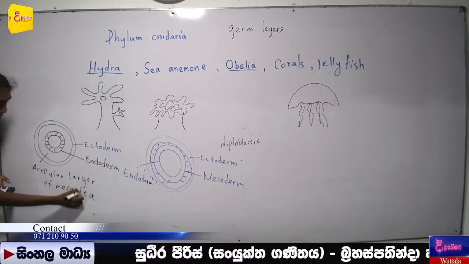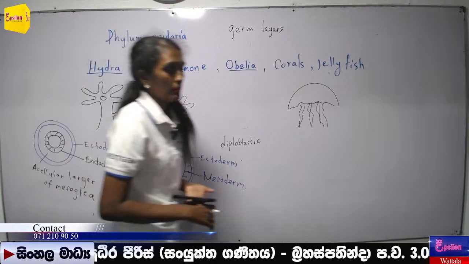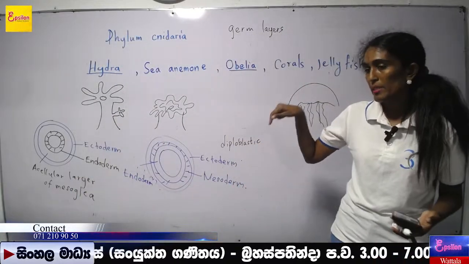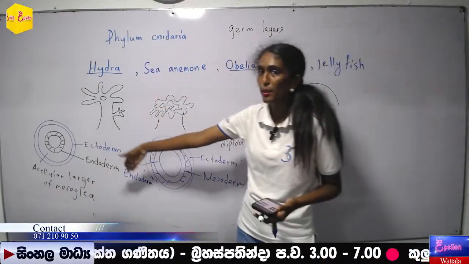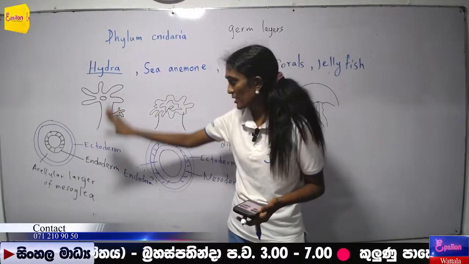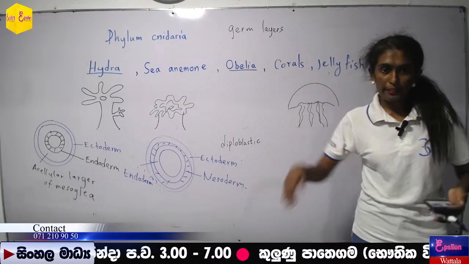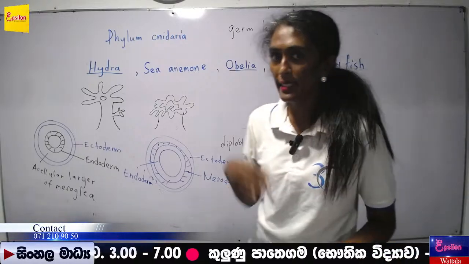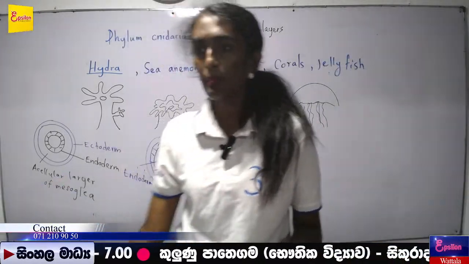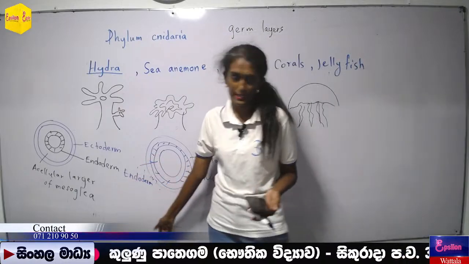So I told that these are the first formed animals, they don't have much complex body, so that diploblastic nature is there in them. When you are trying to study these things, remember that also, that will make it easier to study these things, right?